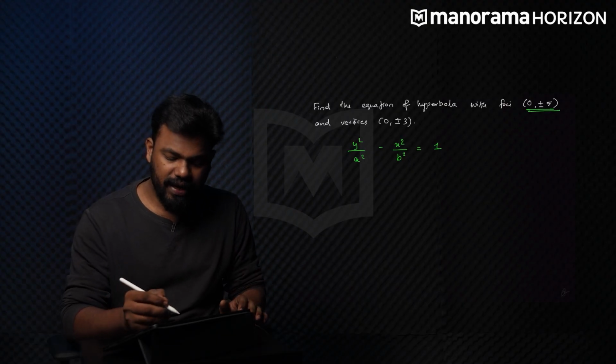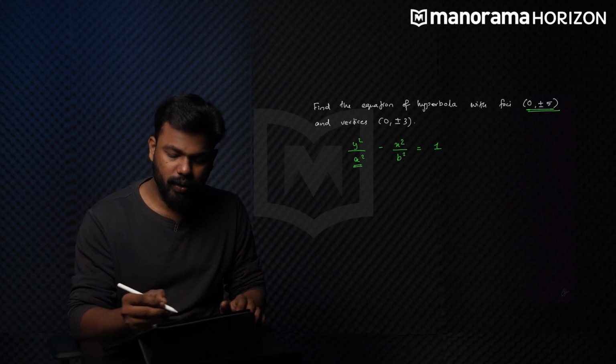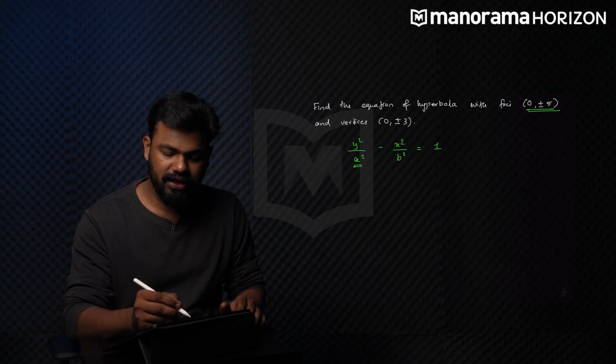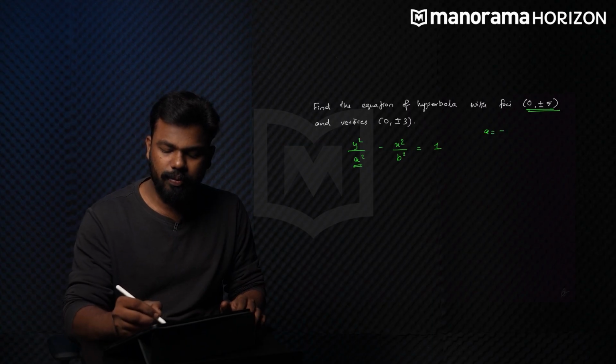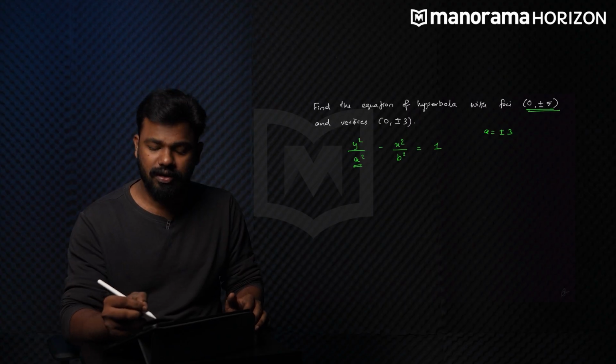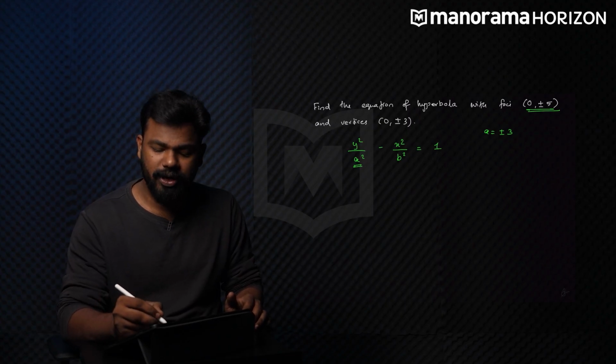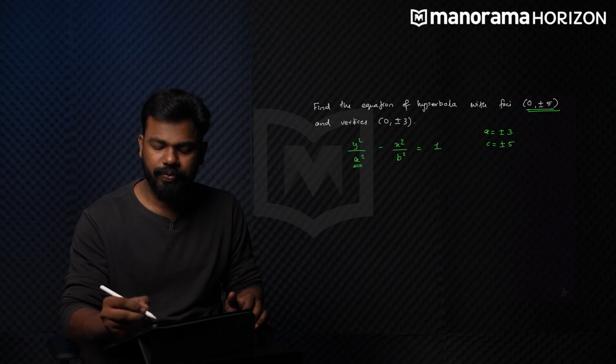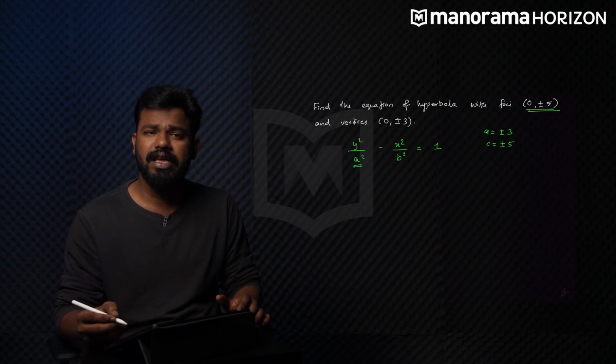Now this a is nothing but from the vertices, 0 plus or minus 3. So a is equal to plus or minus 3. Now c: the foci are at the coordinates 0 plus or minus 5, so c is equal to plus or minus 5. And what is the relationship between c, b and a?